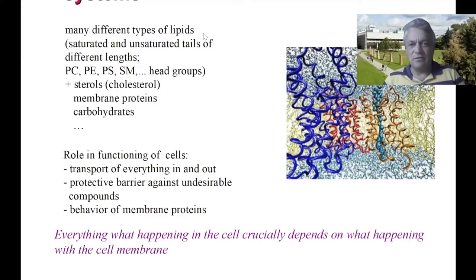They include saturated and unsaturated fatty acid chains of different lengths, and combinations of different head groups. They also include different sterols, of which cholesterol is the most important, as well as membrane proteins, carbohydrates, and many other things.